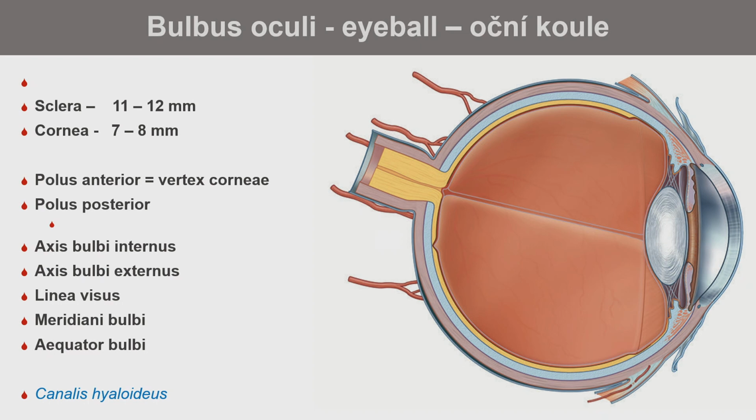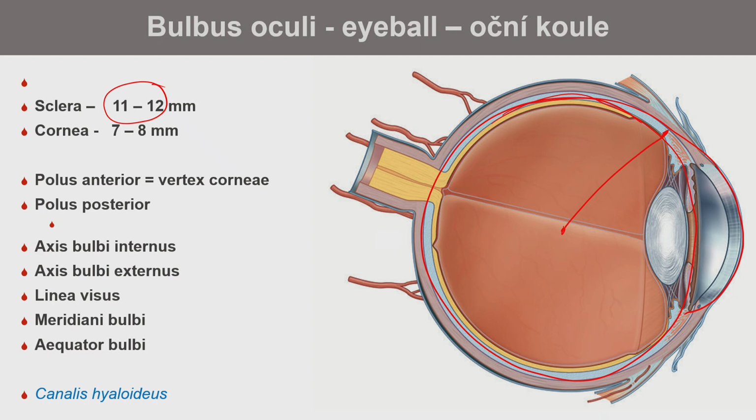The eyeball is a double sphere together with different perimeter, 12 millimeter sclera, cornea 8 millimeters.